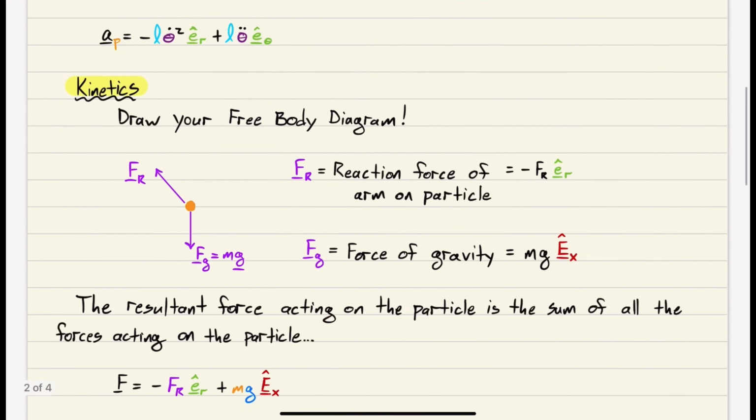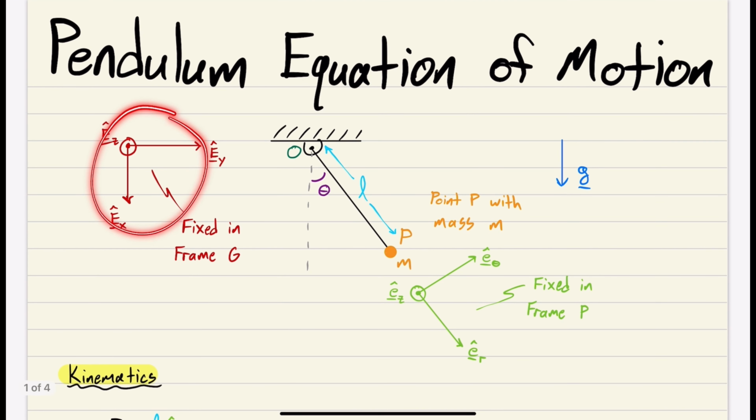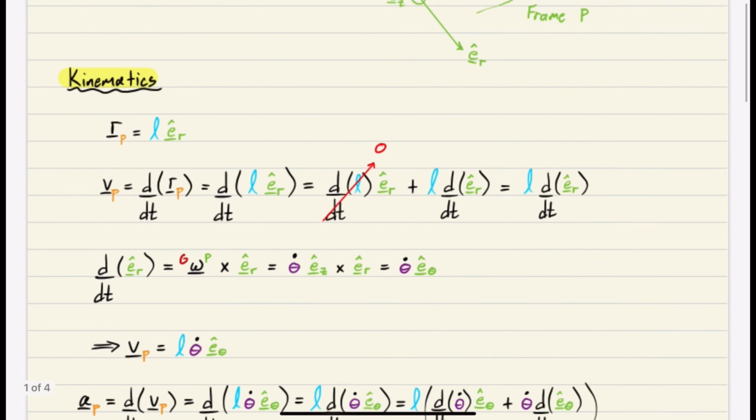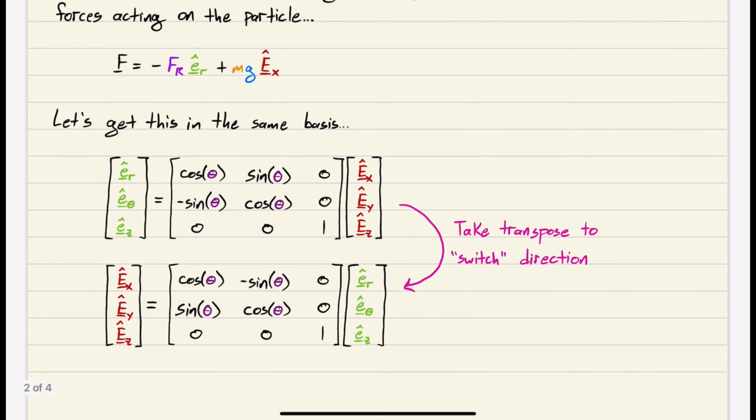So we already kind of said this, but to get from the red basis to the green basis, we rotate the red basis by an angle of theta, and we're rotating about the EZ axis, about the 3 axis. So this is a fundamental 3 rotation by angle theta.